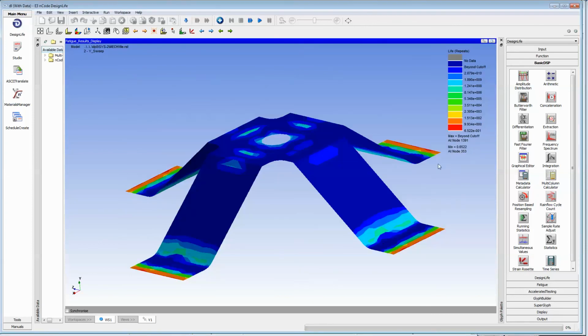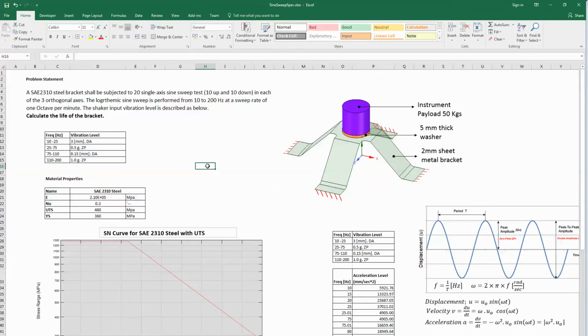So Y direction sweep, oh okay, this is causing the major problem here. This is 0.65. What it means is that we have 20 sweeps as one block, and it is nothing but 0.65, so it can withstand only 13 sweeps in the Y direction.